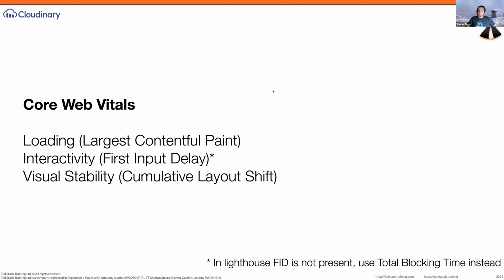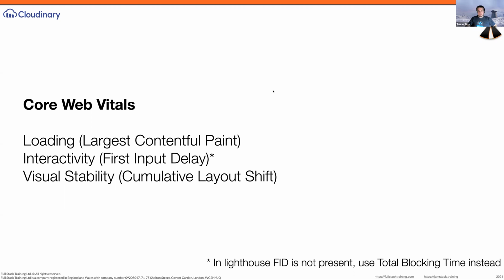I already mentioned that when you run a Lighthouse result, first input delay is not a metric that you will see, but you can use the total blocking time value, which is a close proxy to FID. In fact, if you manage to make your total blocking time better, your FID is also going to get better. So there's a relevance between these 2 metrics.